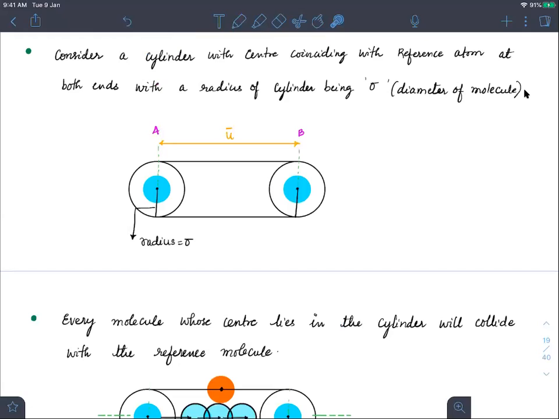And this cylinder must have a radius which is same as the diameter of the molecule. So this means the radius of this cylinder should be same as the diameter of this particle.